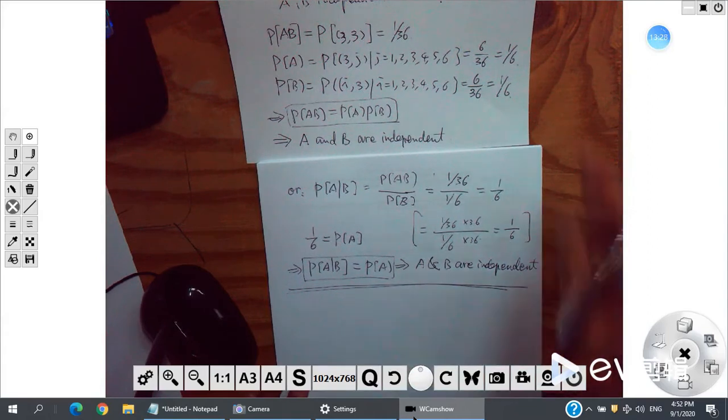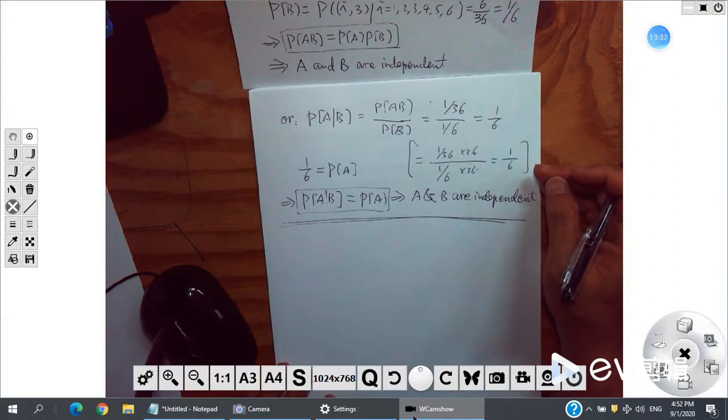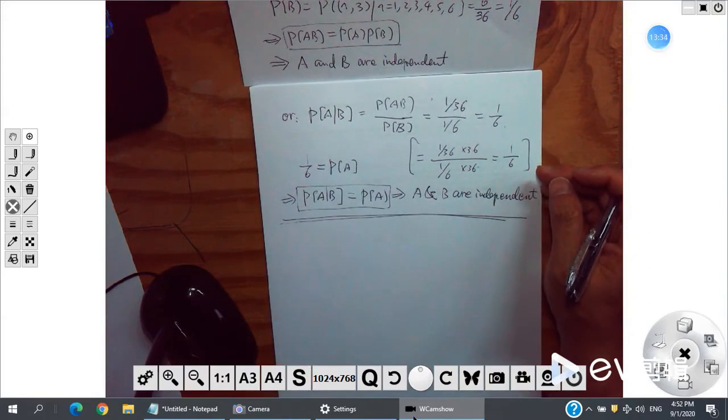Okay, now we want to consider something more general. If we have 3 events, can we have the concept of independence? Suppose we have 3. Okay, I still use this one.